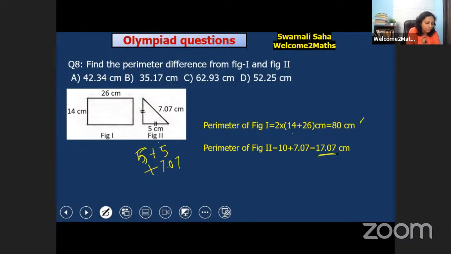So 17.07 and 80. Now just the difference we have to find out, and that is 80 minus 17.07. And it is 62.93. Okay, 62.93.